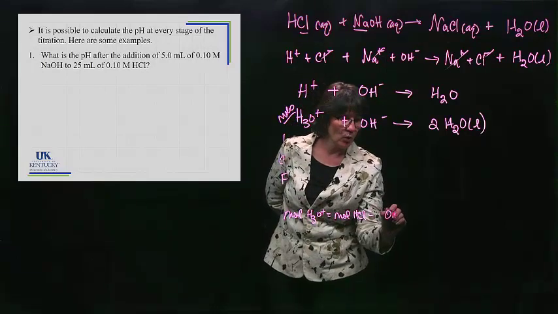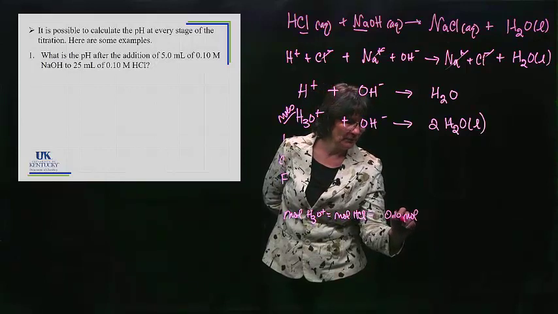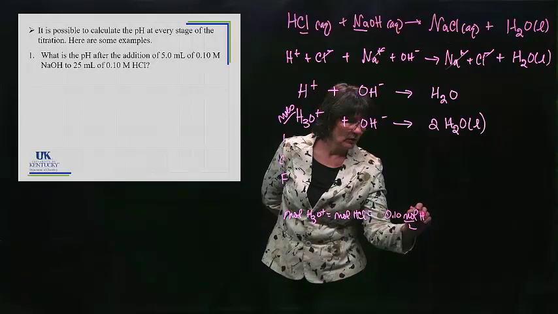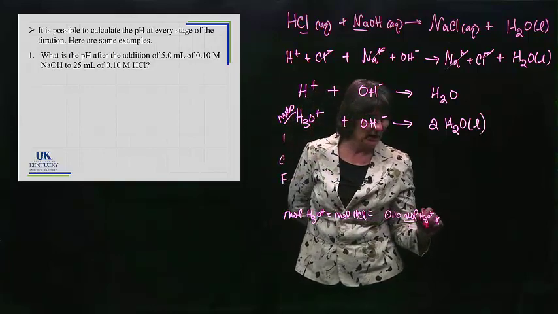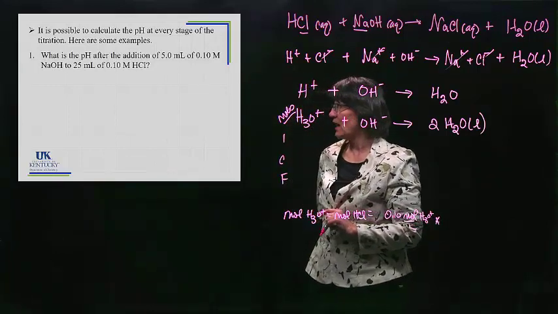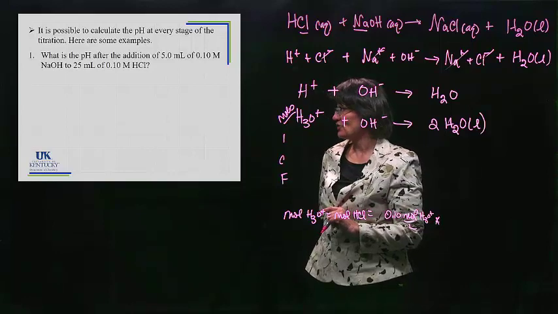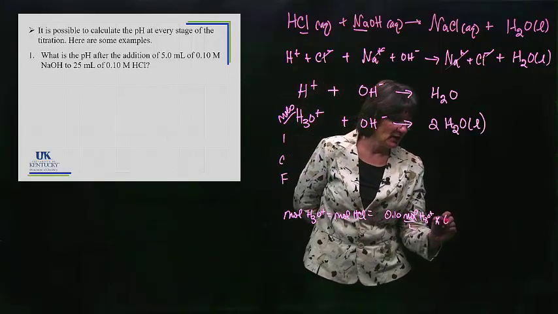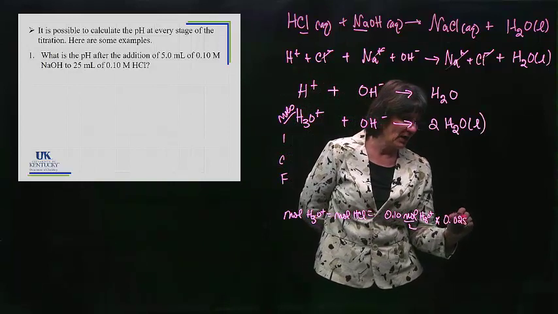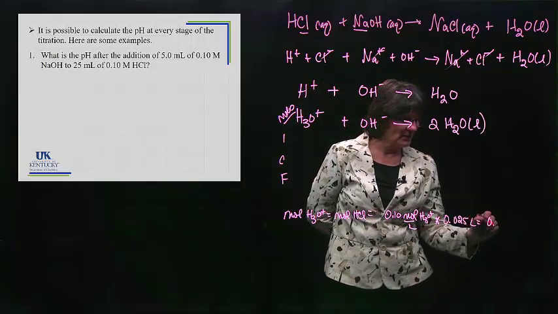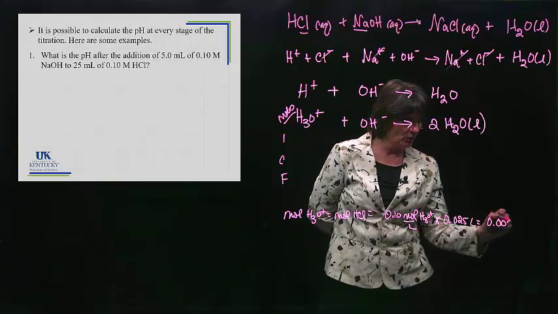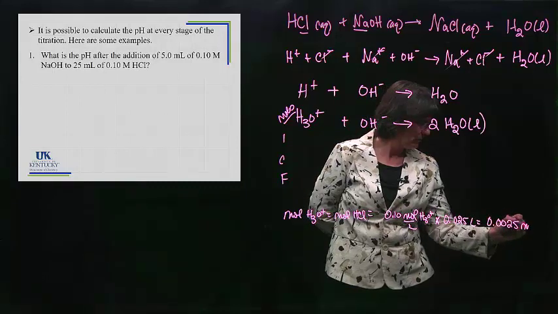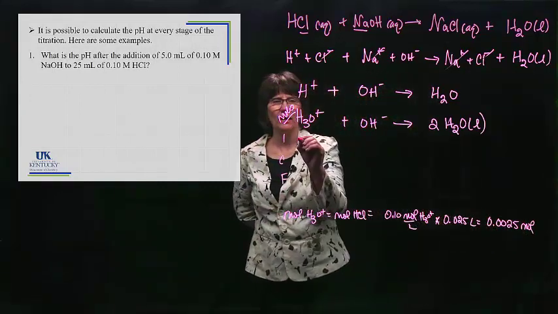So that's 0.1 moles per liter, times the volume. We've got to get rid of the liters. So we've got a volume of HCl, 25 milliliters. That's 0.025 liters, and that's going to give me 0.0025 moles. And I will put that right here.